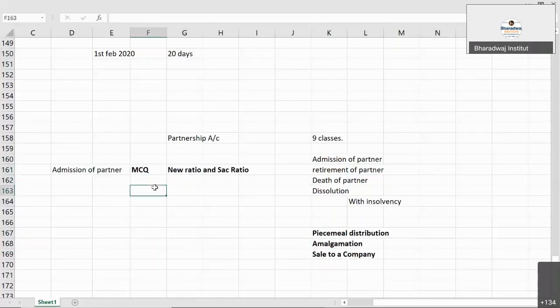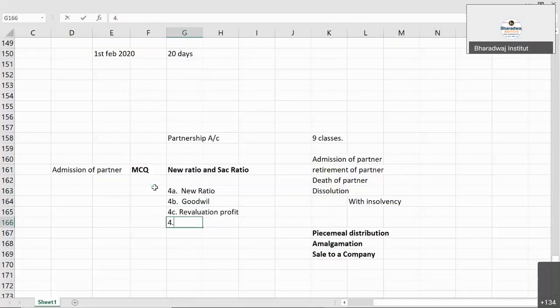If it is a descriptive type, question number 4A will be like, what is the new ratio? Question 4B, what is the goodwill? Question 4C, what is the revaluation profit? These things we used to work out as steps.